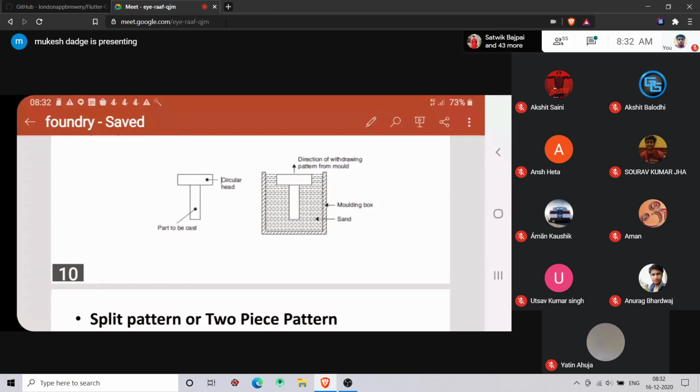You have put it and you are withdrawing. So what will happen? That sand will break down. Instead of the I section, you will get some cylinder shape cavity. You will not get the I section because the sand will break down, and that mold will break down.